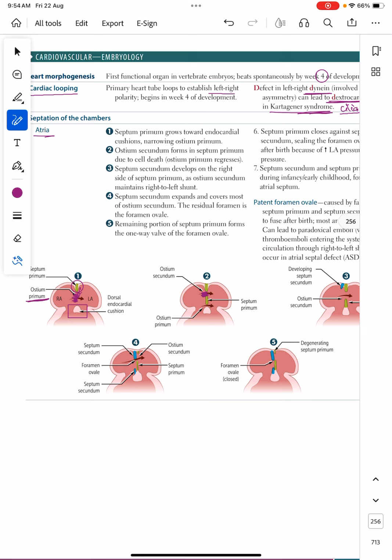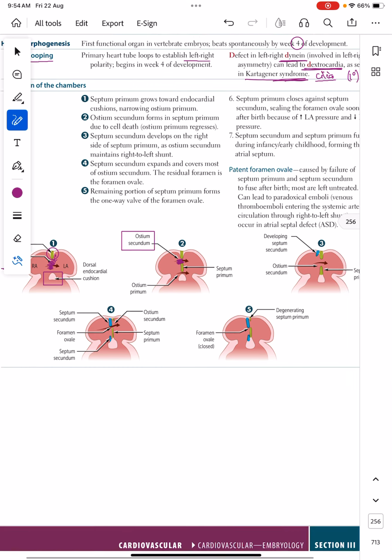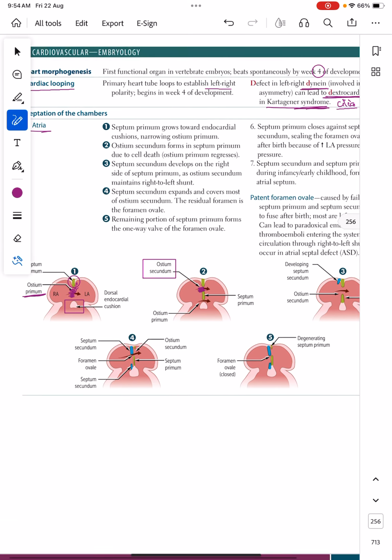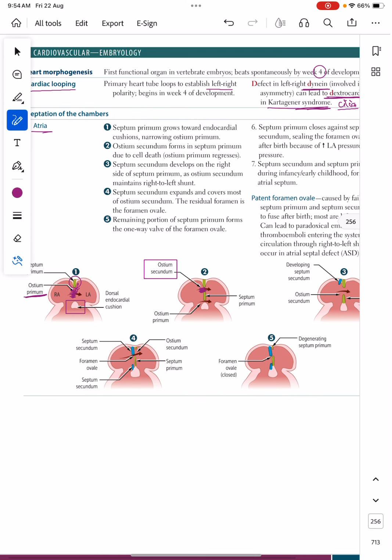So just remember that the ostium secundum is the second formed ostium, but it is formed where? In the septum primum.